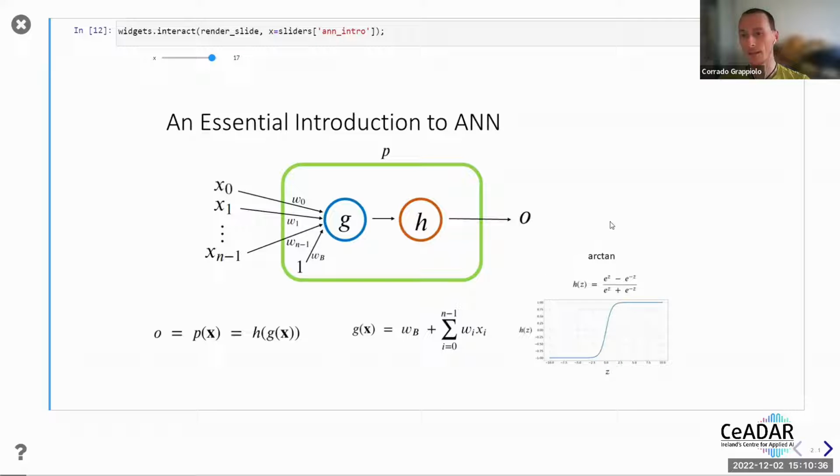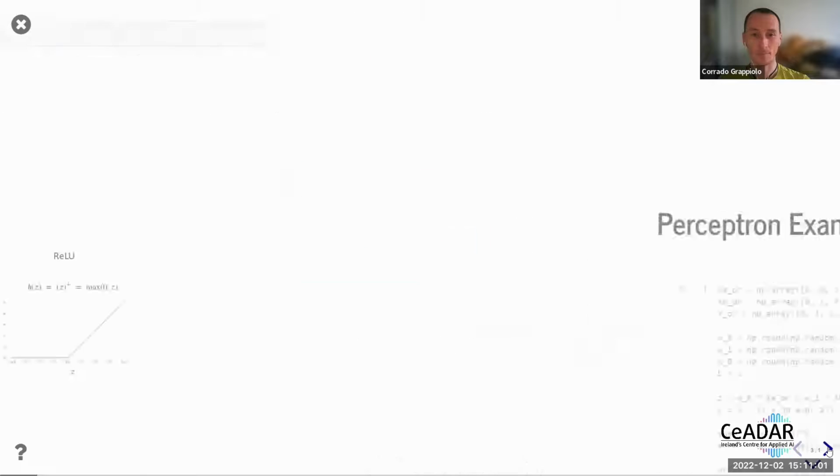Other examples are the arctangent, which maps values from -infinity to +infinity to ±1, and then the rectified linear unit activation function, which arguably is one of the key contributors to the explosion of deep learning, or at least the advent of deep learning in the last years.